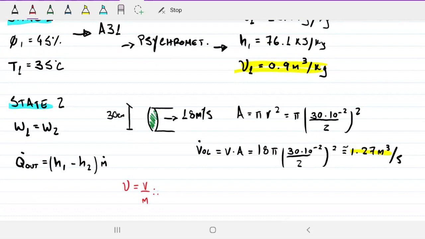If we take derivatives on both sides, specific volume does not change with time, so specific volume is the volume flow rate over the mass flow rate. If you want the mass flow rate, you just take the volume flow rate and divide by specific volume. We have 1.27 divided by 0.89, and what did I get? 1.42.